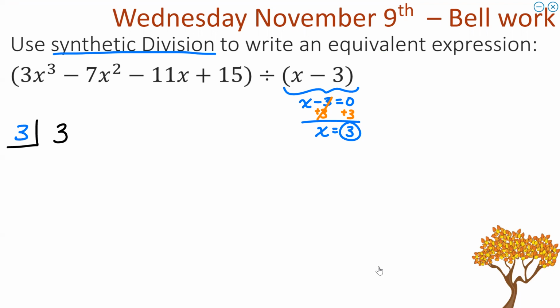So I have x cubed, then x squared. What's the coefficient on x squared? -7. So I need -7. Then down to x. What's the coefficient on that one? -11. And then I get to my constant, which is 15.